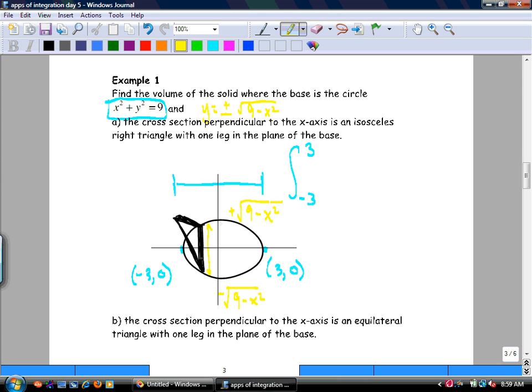So all we need to do now is put the volume. We need to put the volume of that triangular shape, or the area. What's the area of that triangular shape?